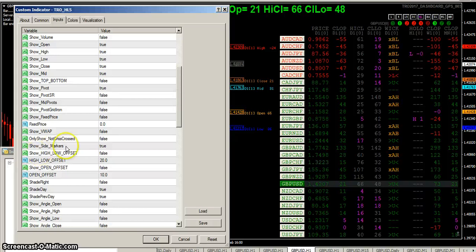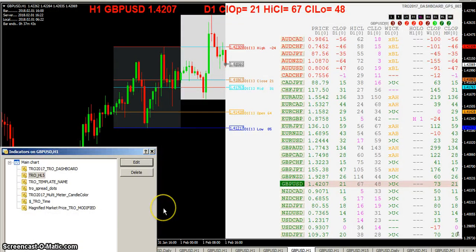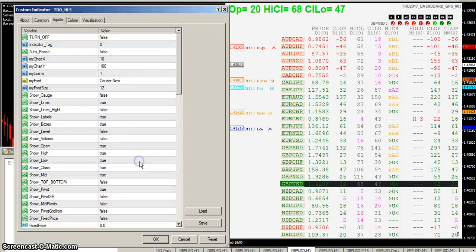And up here in the true false area, it says show the side markers, which are these colors to match these colors. You can also shade to the right, shade the day, shade the previous day, and shading to the right will do that, in case you're interested.